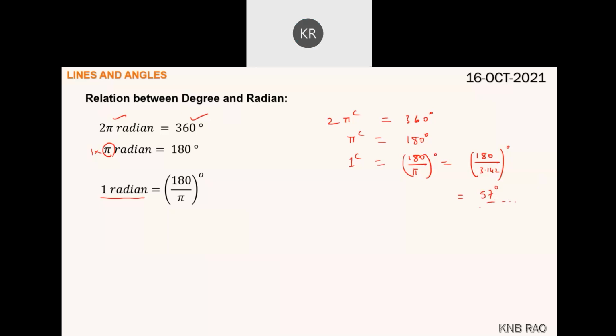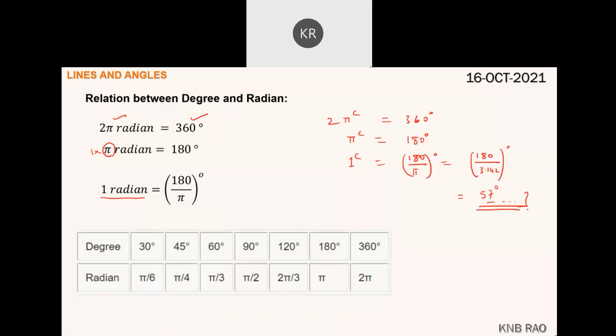It's one of the important questions in class 11 standard: 1 radian is how many degrees, they will ask. If you divide 180 by 3.142, you will get 57 degrees and some minutes and some seconds. So that is the relation between degrees and radians.